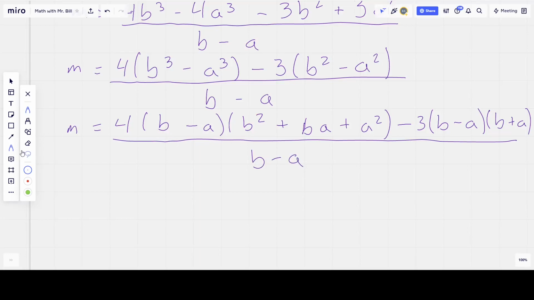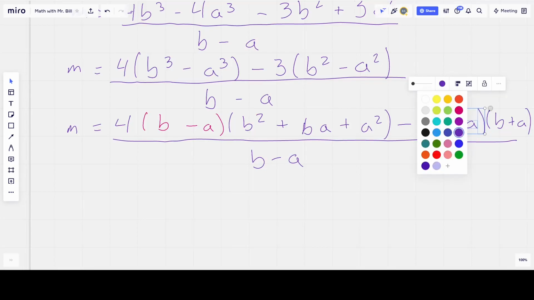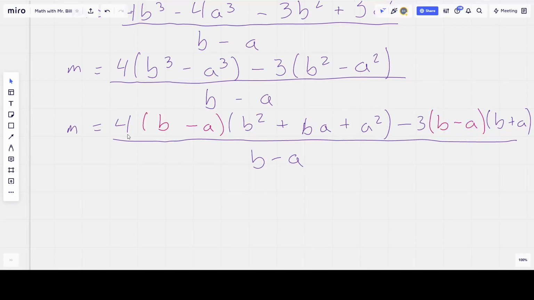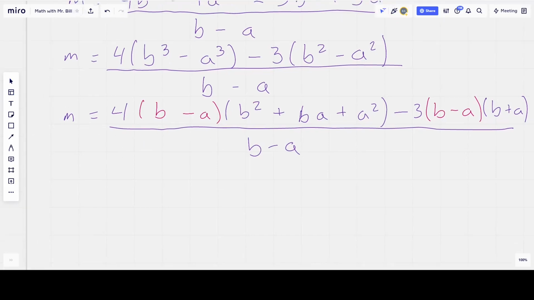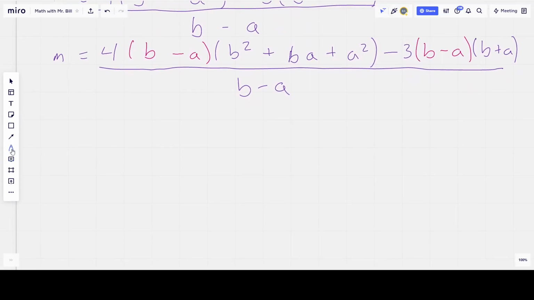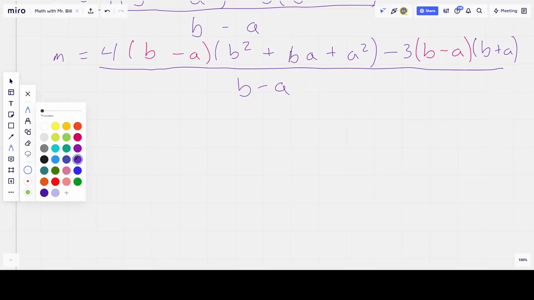So now you look at this and we have b minus a in common now with both terms. Terms being those long strings. So I'm going to factor a b minus a out of both of those terms. You don't have to do this, but just for sake of clarity, we'll do that.